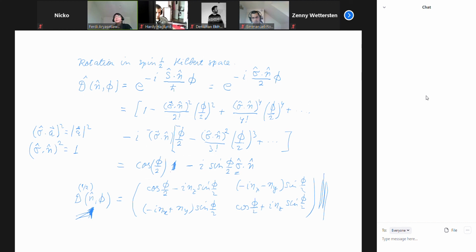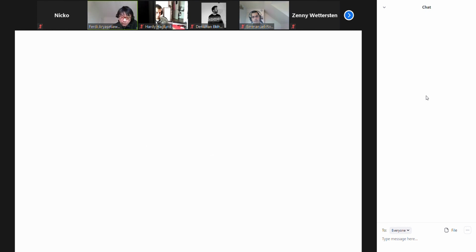But we can also do this in a more pictorial way by using this rotation operator. So there are two ways of doing this.